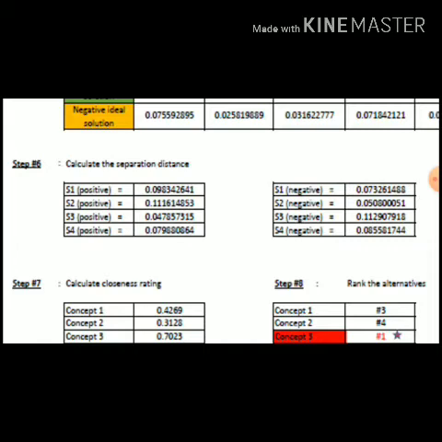From here you can see that concept number 3 has the lowest value for the positive ideal solution, meaning it is very close to the positive solution, and on the negative separation distance it has the highest value. It shows that it is far away from the negative ideal solution. So in step number 6 you get the idea that concept number 3 will possess the first rank.